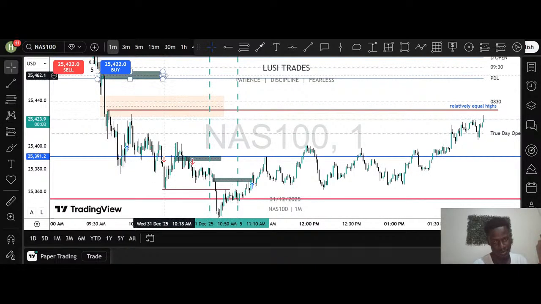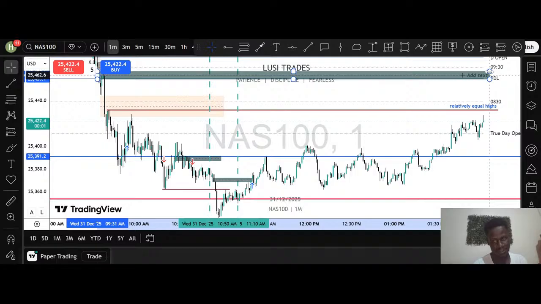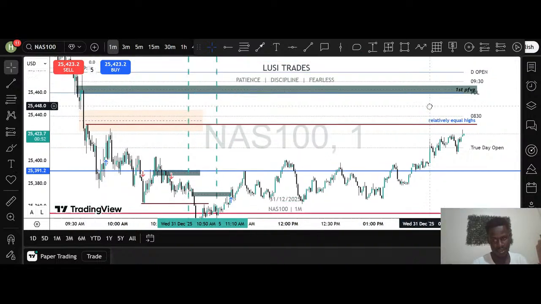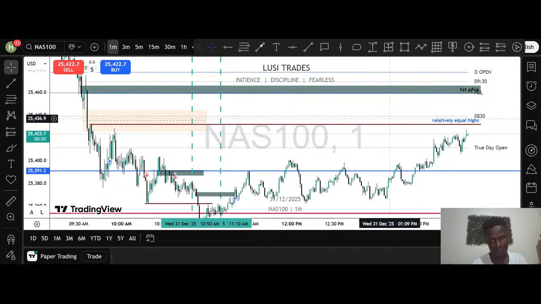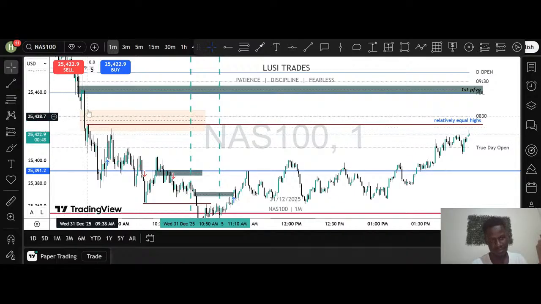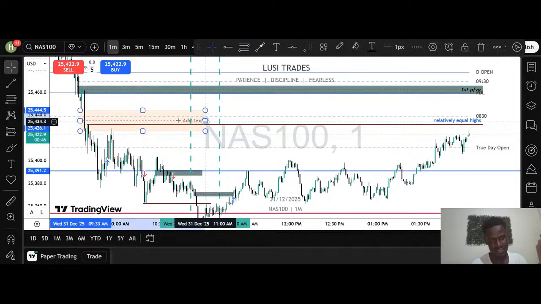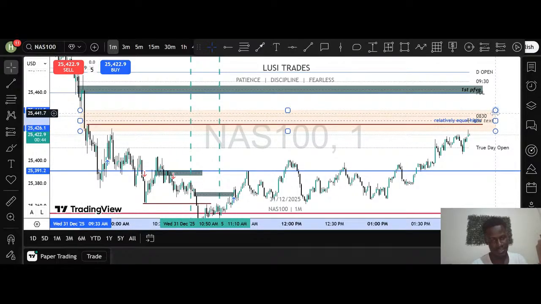Also, guys, remember, we are also having the first presented fair value gap here. So this is today's first presented fair value gap. And also inside this level, there's a CB.